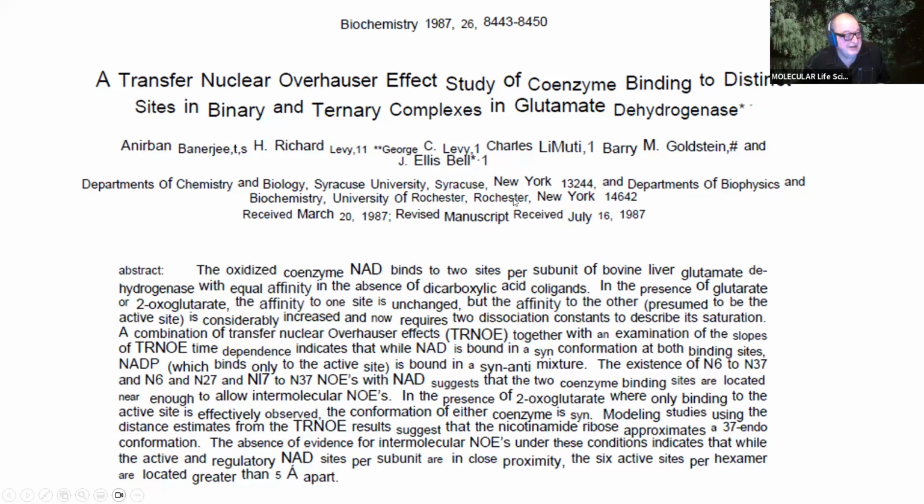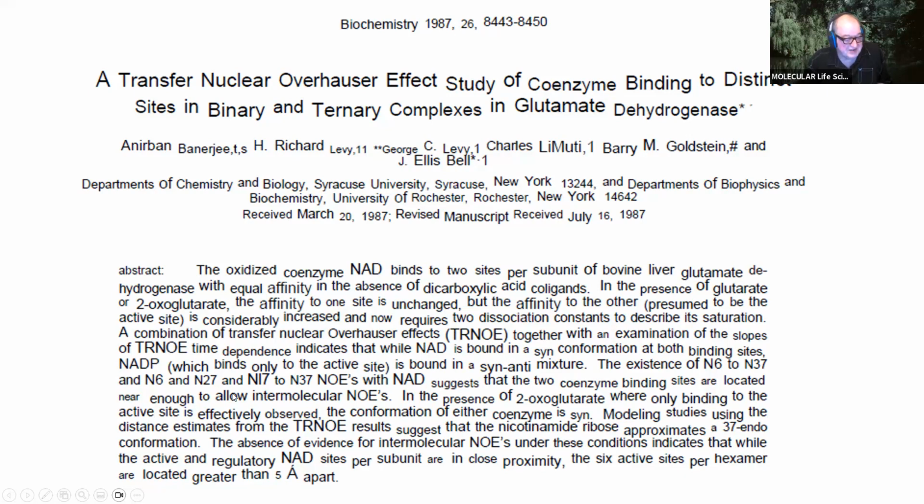So with glutamate dehydrogenase, where a lot of these conversations started and paralleled the conversations going on nowadays with malate dehydrogenase, a group of us developed a method using NMR that used transfer nuclear Overhauser effects to look at whether or not there were multiple cofactor binding sites in distinct binary or ternary complexes in glutamate dehydrogenase.